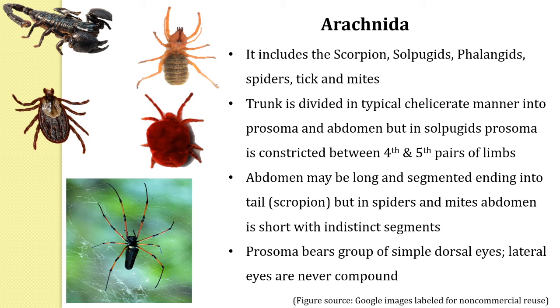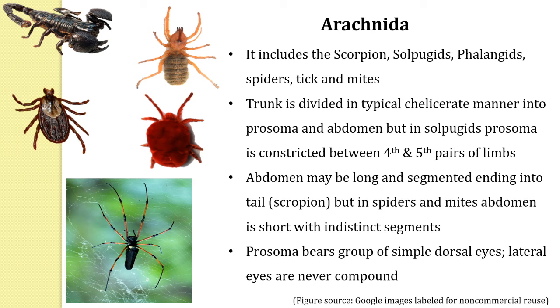So here it includes the scorpions, solpugids and phalangids, spiders, ticks and mites. All these are modern organisms which are put in the class Arachnida, which belongs to the Chelicerata. In most of the forms, the trunk is divisible, in the typical chelicerate manner, into the prosoma and the abdomen.